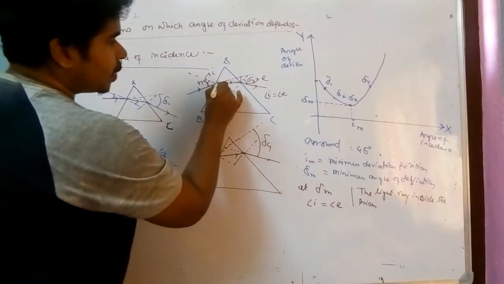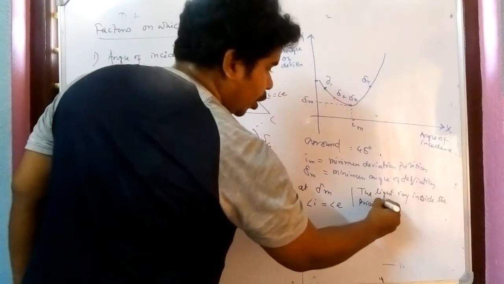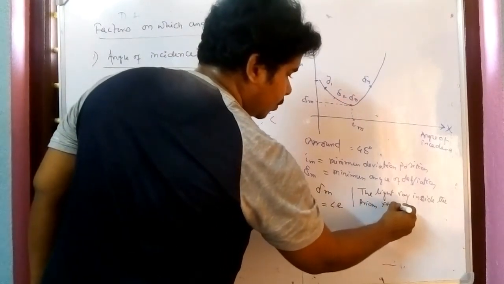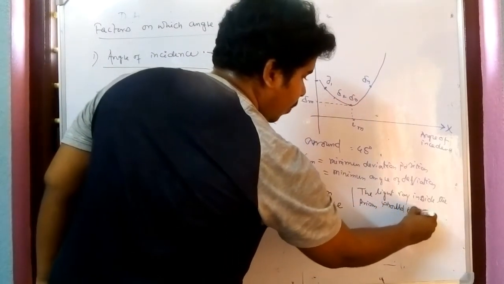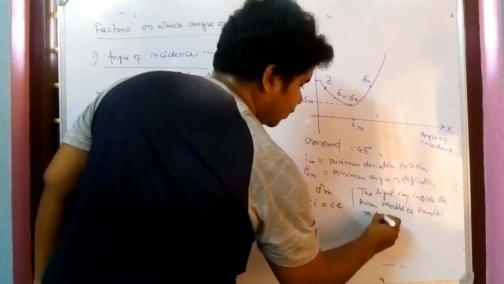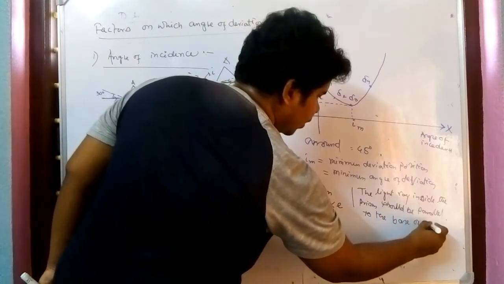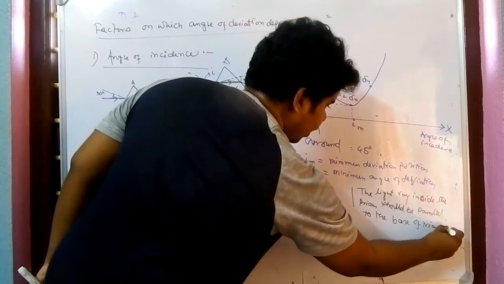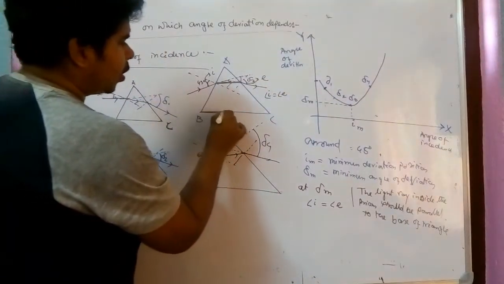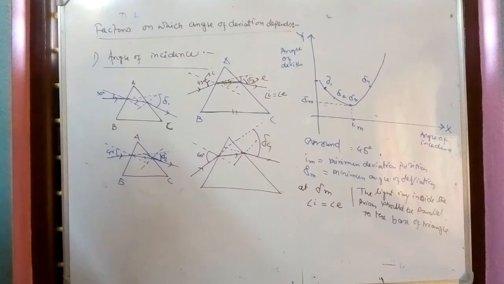This light ray that is passing inside the prism should be parallel to the base of the triangle, that is this one, BC. This one and this one are parallel to each other at the angle of deviation delta m.